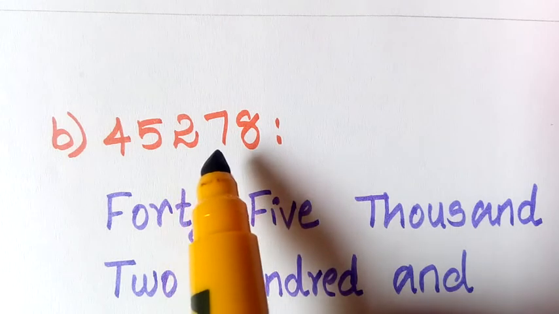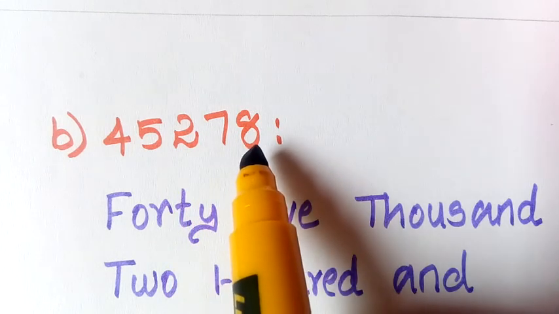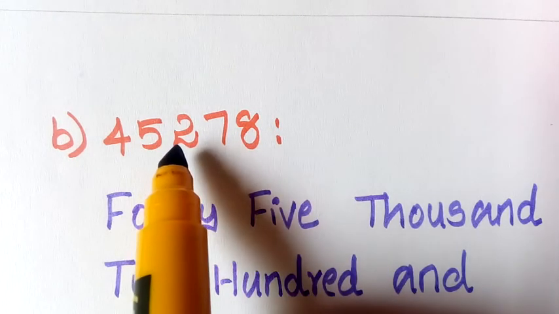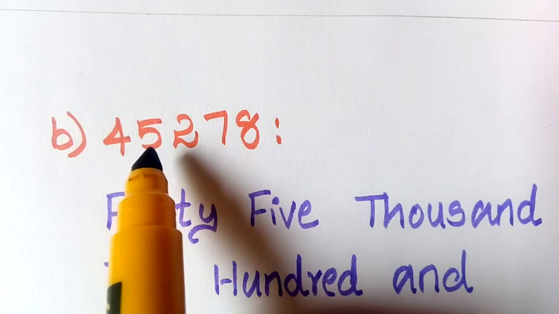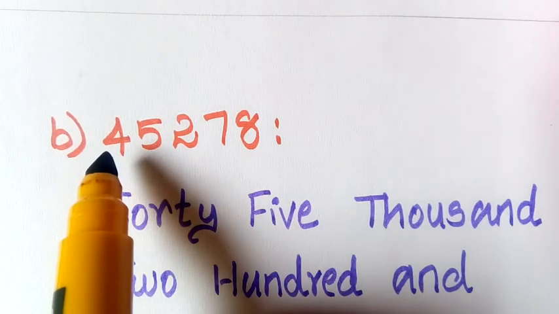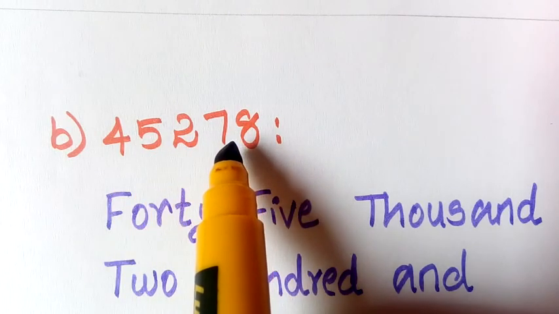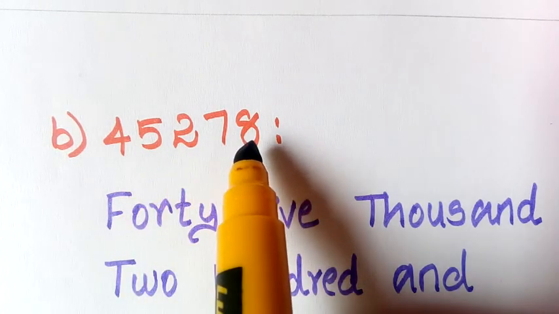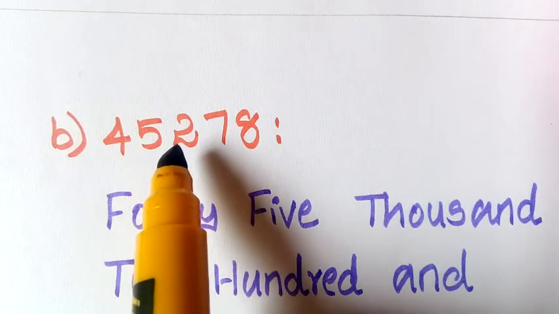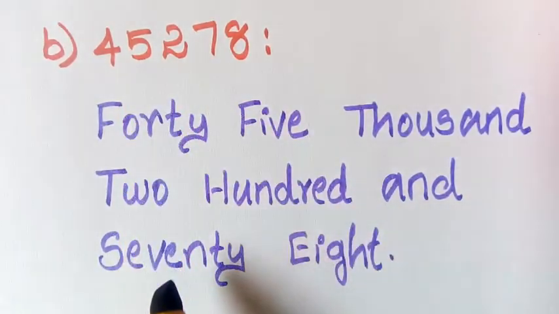So in this number we have 8 ones, 7 tens, 2 hundreds, 5 thousands and 4 10,000s. So how to read the number? We can read it as 45,278.